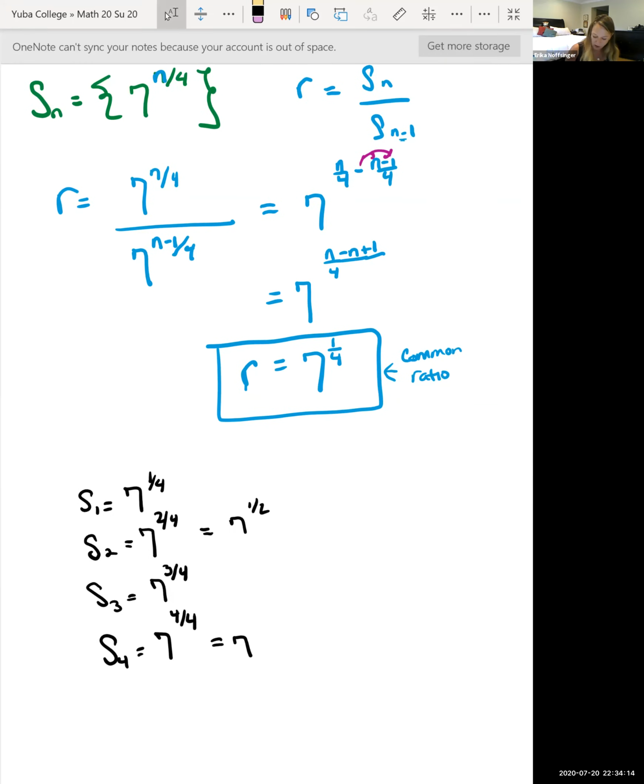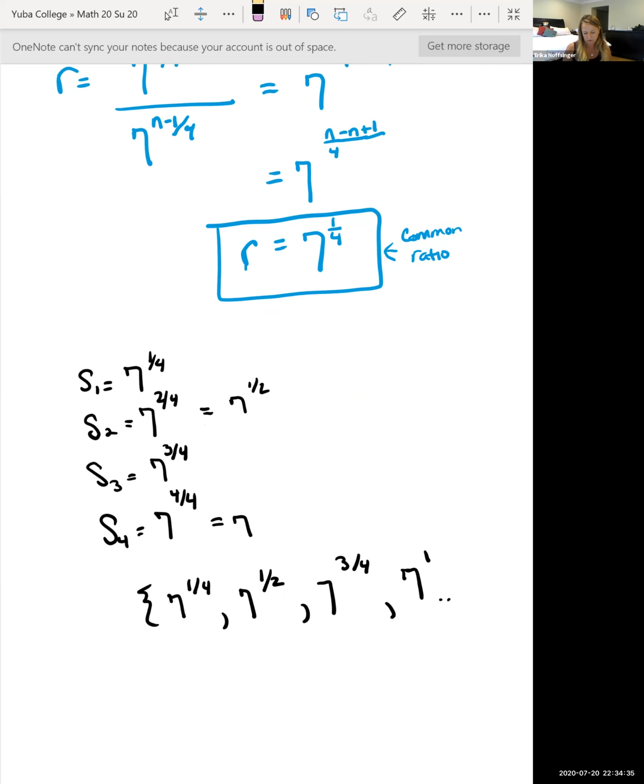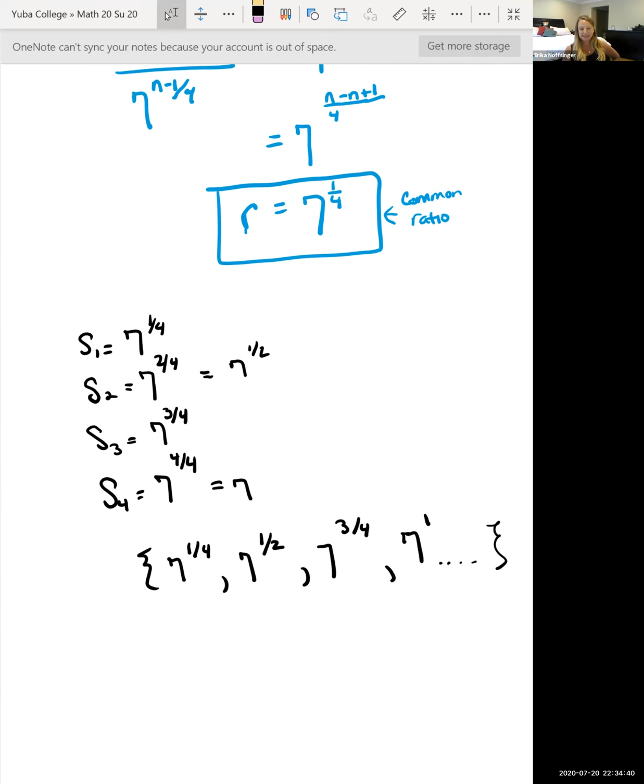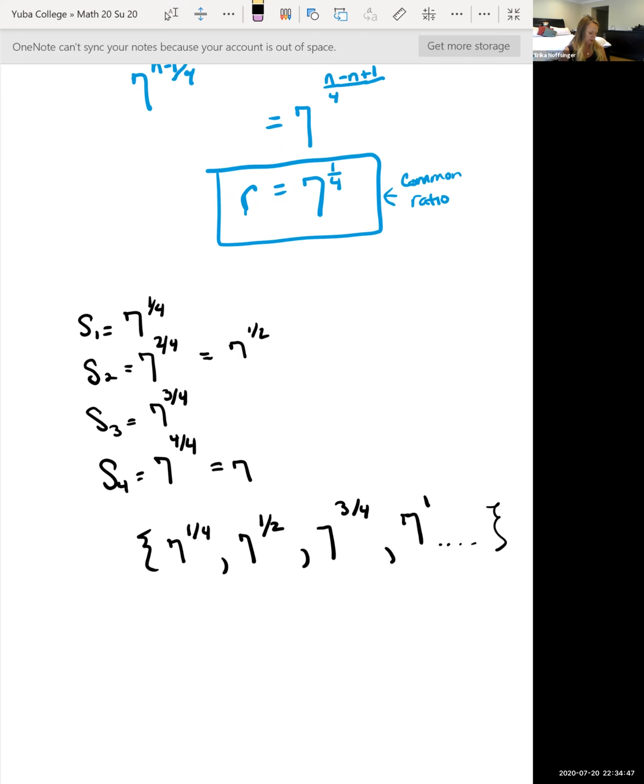If I wrote it out in reduced form, the first 4 terms would be 7 to the 1/4, 7 to the 1/2, 7 to the 3/4, and 7 to the first power. It might be easier to see 7 to the 1/4, 2/4, 3/4, 4/4, the pattern going on.